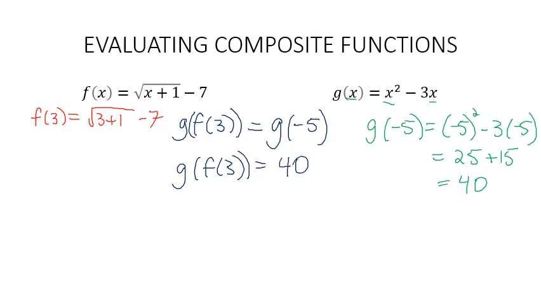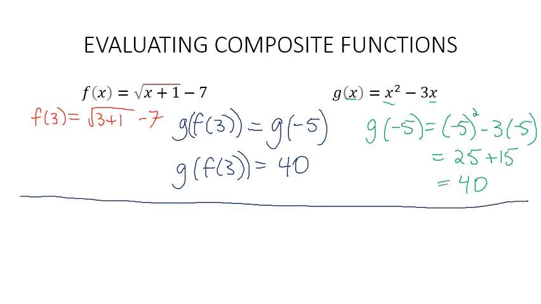We can also be asked to do it in reverse order. So if I wanted to know what is f of g of 3, is it the same thing? Again, we're going to start with the inside function.